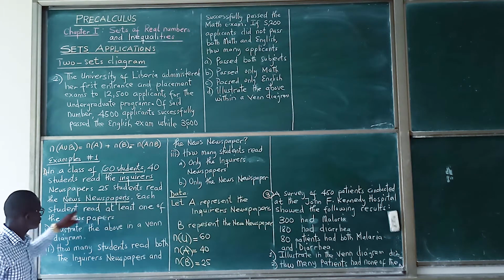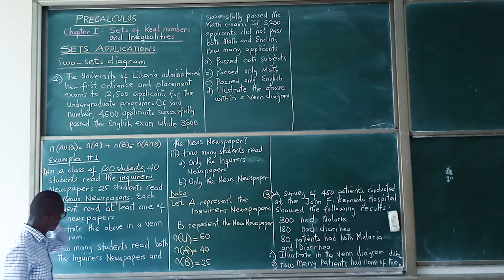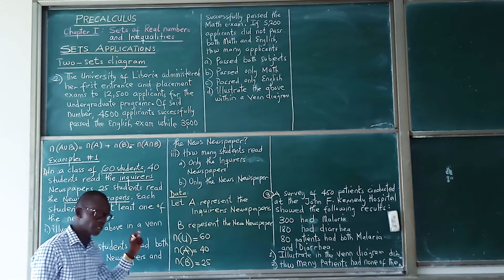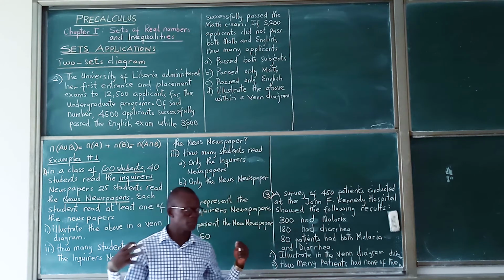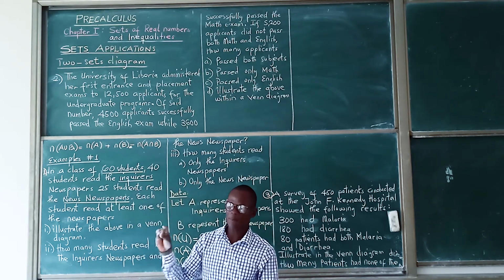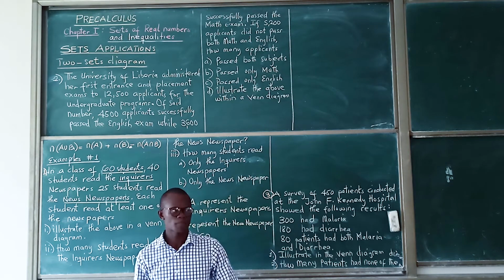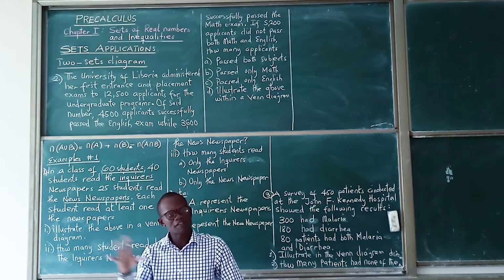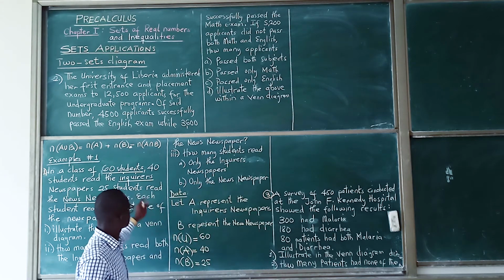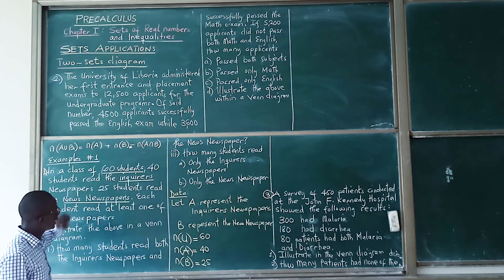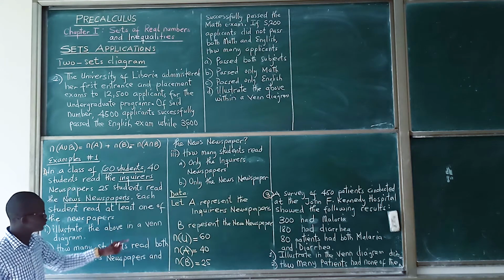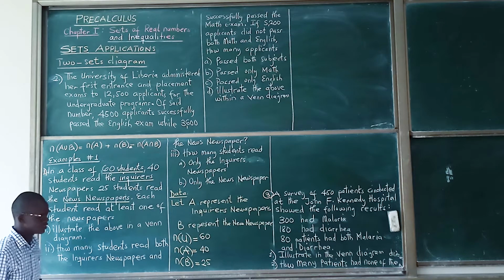So we say each student read at least one of the papers. Whenever you hear each student, or each of those members of the various sets are part of one of the sets, it means that the number of people who are not part of other set is equal to 0. So because each of these students read one of the newspapers, it means the number of people who did not read the Inquirer or the newspaper is equal to 0.